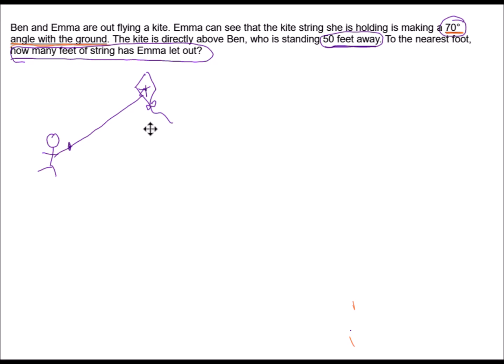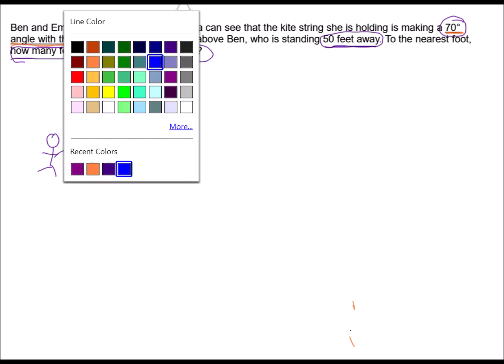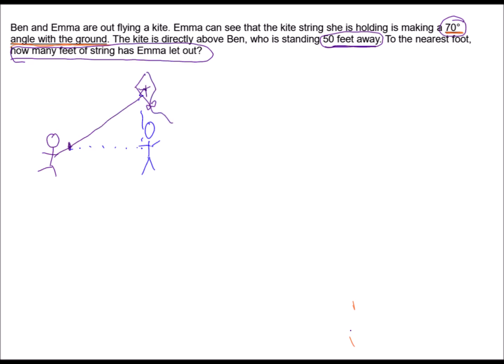Anyways, and then over here is Ben. It says that he is 50 feet away, and we want to find how much the string is. So let's make our right triangle. We need to figure out what numbers go where.